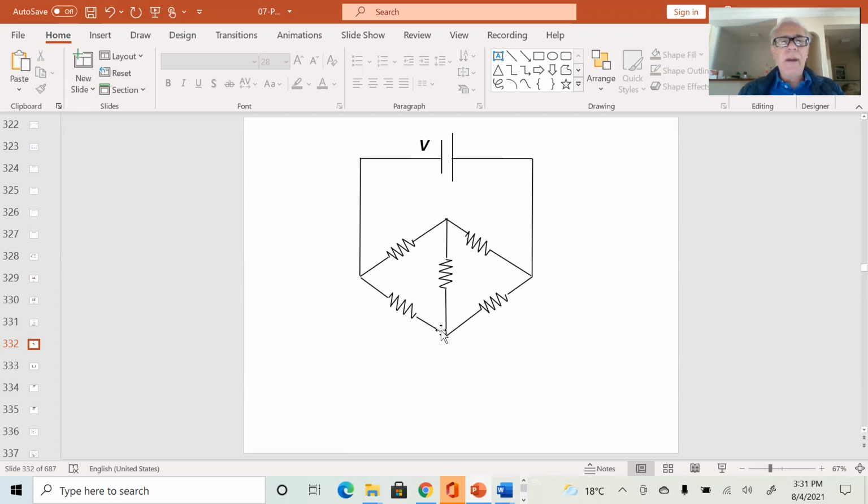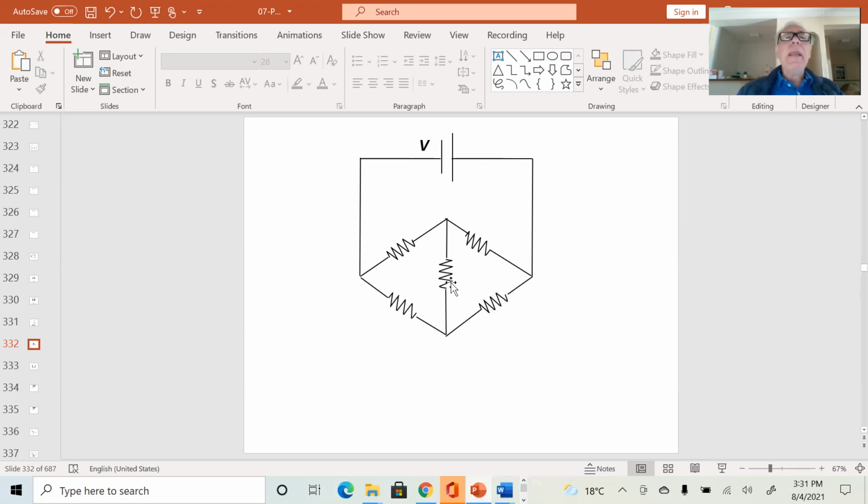If I were to remove this resistor from here, then I would say that those two are in series and those two are in series because they're connected to the same potential difference. But because we added this oddball right in here, there is no way I can interpret those as being in series or in parallel. It's a mixture, it's a combination.